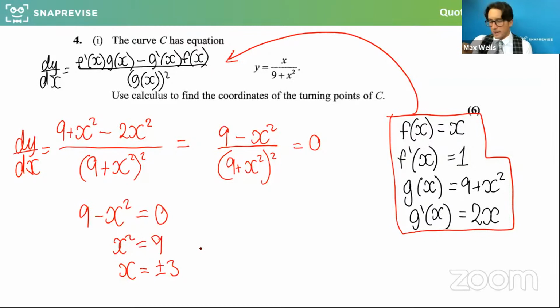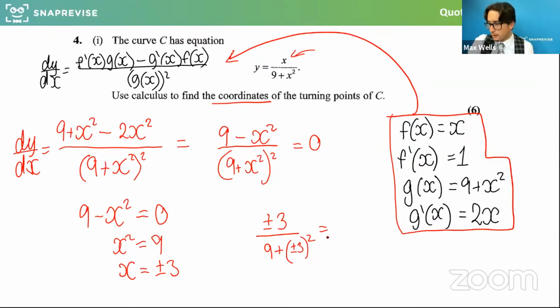So what we can do with that is then we can say, right, it did actually ask me for the coordinates. So I need the y values as well. So I just put 3 and minus 3 back into here. And so what we would get is plus or minus 3 over 9 plus or minus 3 squared.